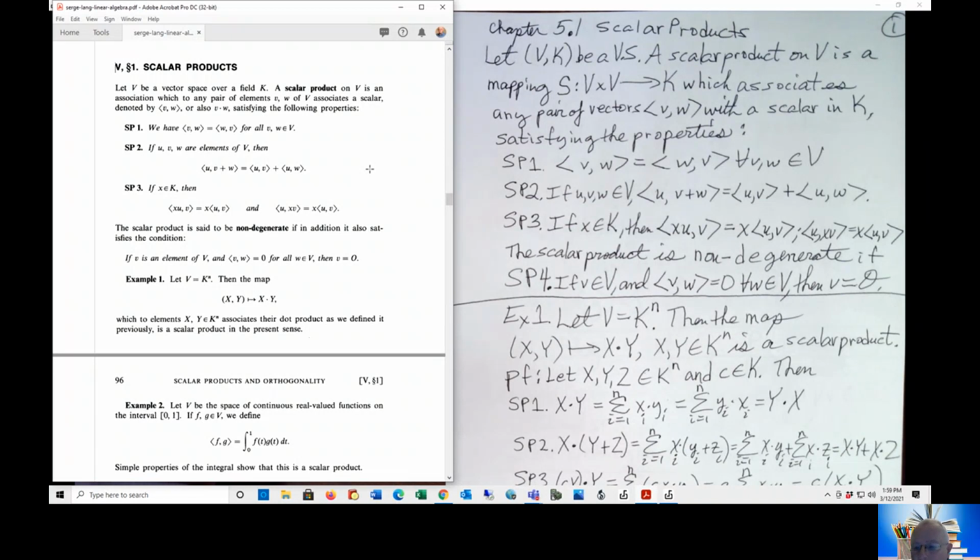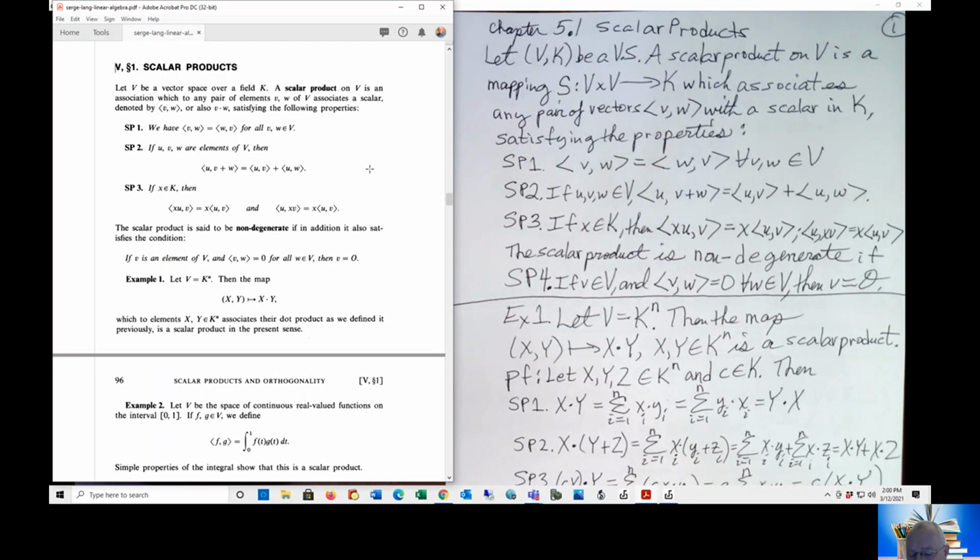Now, there's a fourth property that not all scalar products have, and I call it SP4, the property of non-degeneracy. The scalar product is said to be non-degenerate if, whenever V is a vector in V and the inner product of V with any vector W is 0, then V itself must be the 0 vector.